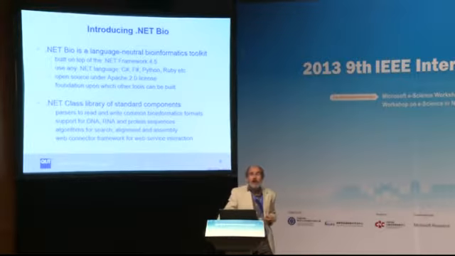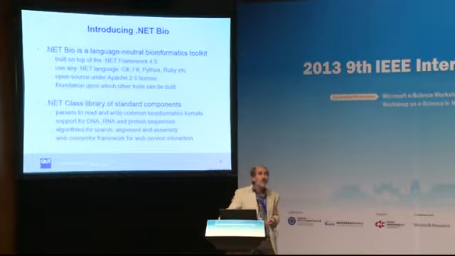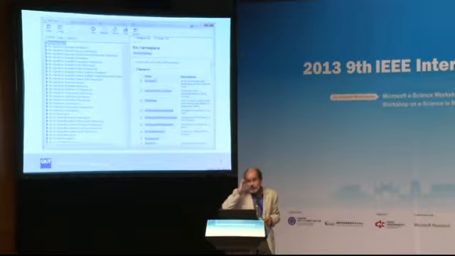As one might expect of what is fundamentally a genomics library, it provides a class library of standard components for some of the things which have underpinned bioinformatic computation over the last decade. So parsers for particular file formats, support for different types of sequences, fundamental algorithms for search, assembly and alignment, and also an ability to extend its capabilities by linking to external web services through a well set up facility for doing so.